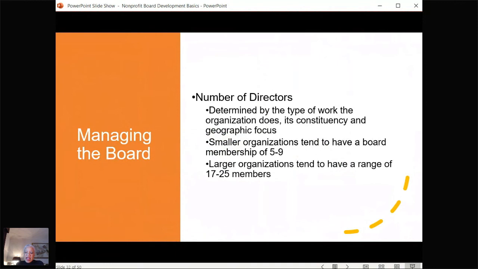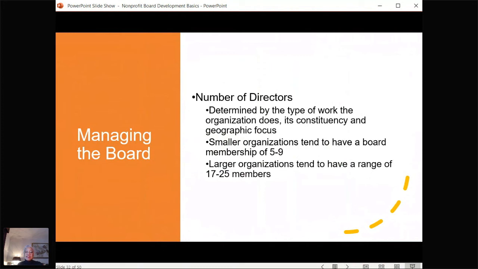So again, Sai, this goes to your question, the number of directors, that is really determined by the type of work the organization does, its constituency, and the geographic focus. For your larger international and national organizations, it's not unusual to have a board of 100. I don't think anybody on this call has an international board.